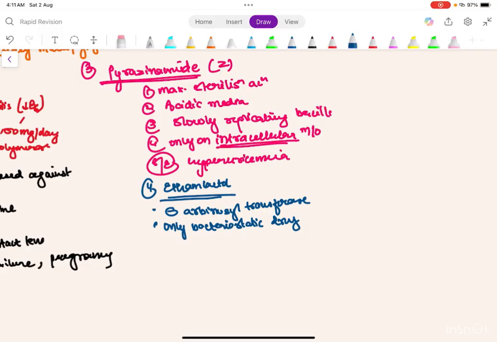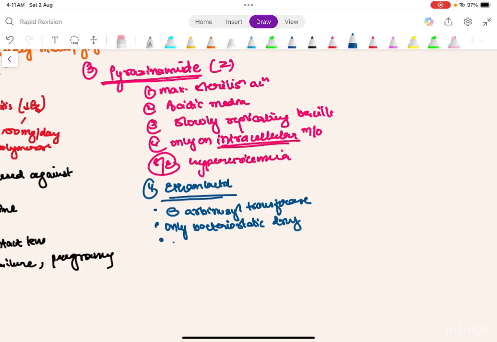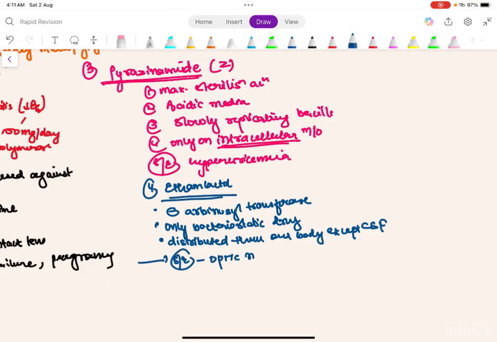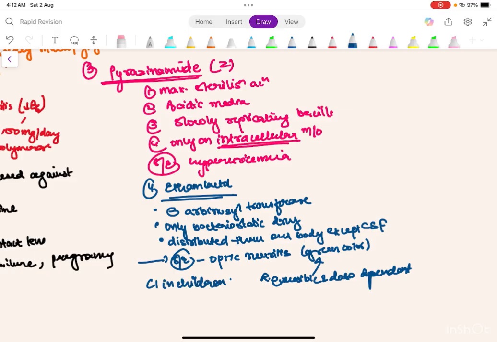It is distributed throughout the body except CSF. Side effects are important. It causes optic neuritis or retrobulbar neuritis, with red-green color blindness. You have to remember this is reversible and dose dependent. It is contraindicated in children below 6 years because they cannot tell what is happening to their eyes.